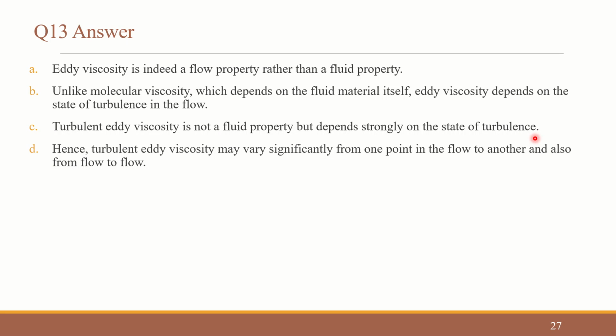So it is a property of a flow, not a property of a fluid. That is for question 13. So take a minute to analyze. We will move to question 14 shortly.